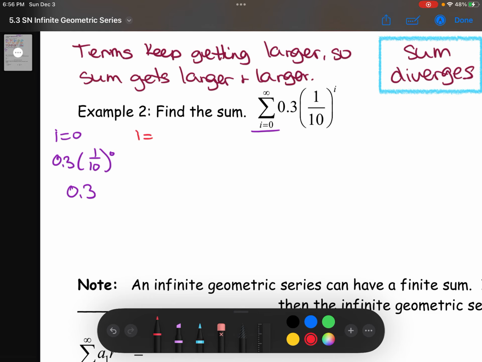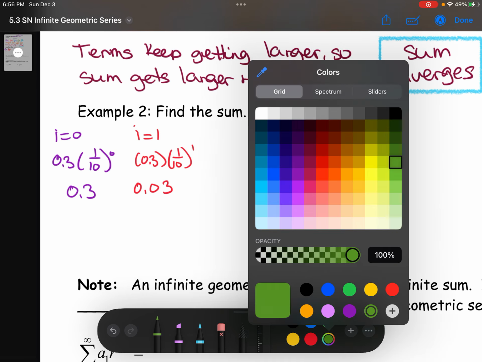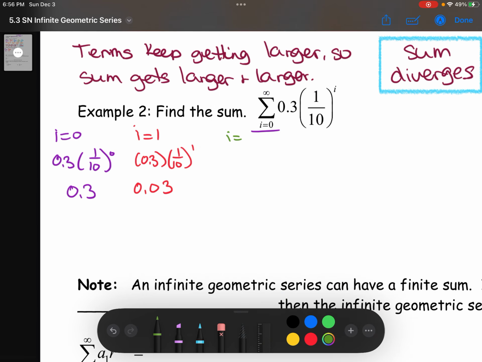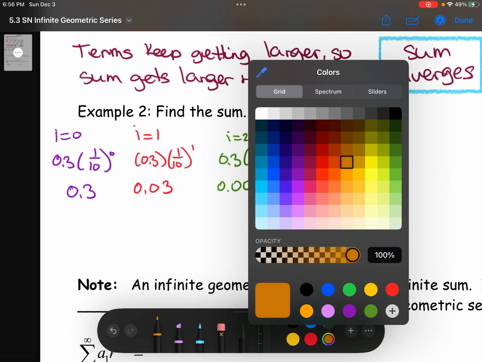For I equaling 1, the next term, that's 0.3 times 1/10 to the first power. So that is 0.03. And then for I equaling 2, we'll have 0.3 times 1/10 to the second power. That's 0.003. And we're going to keep going.